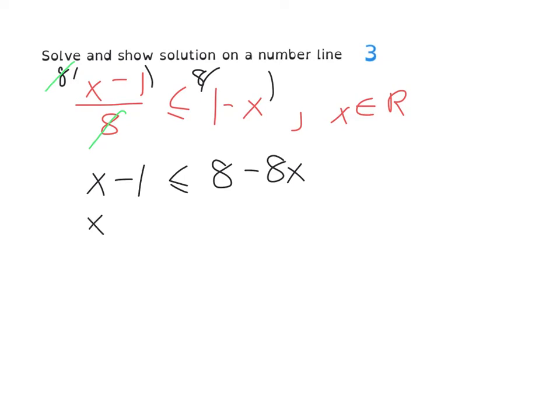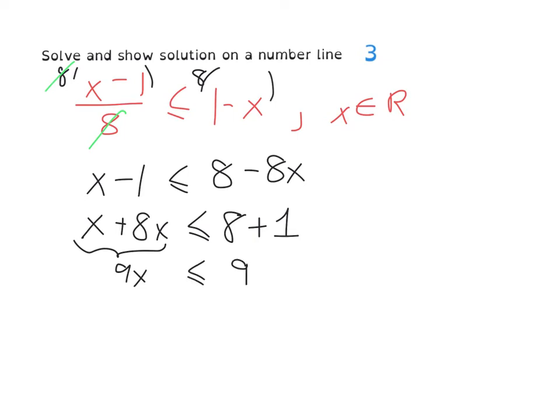So let's say we have x and plus 8x, and then we have 8 plus 1. Okay, simplify 9x, 9, and then we have to divide it by 9. So x is less or equal than 1, right?